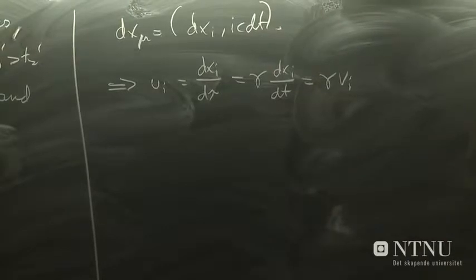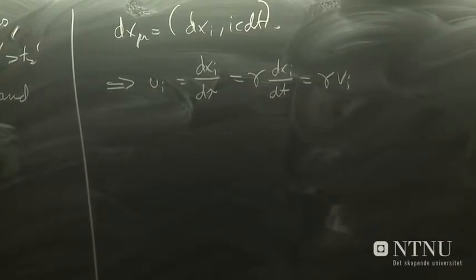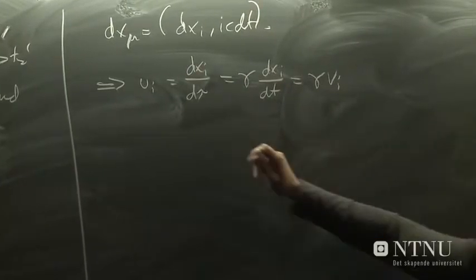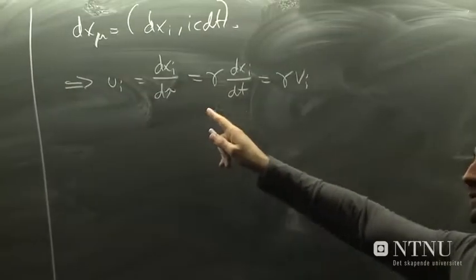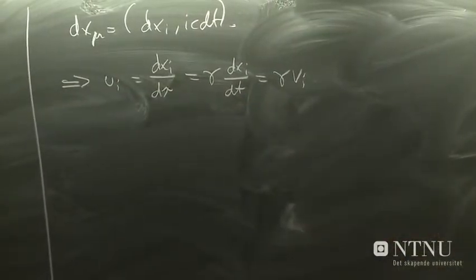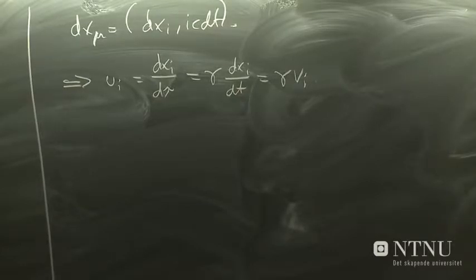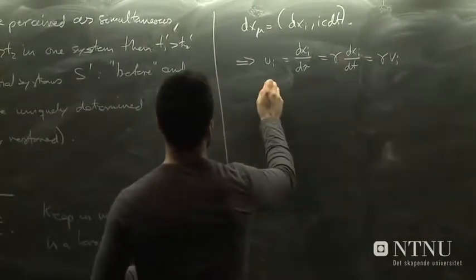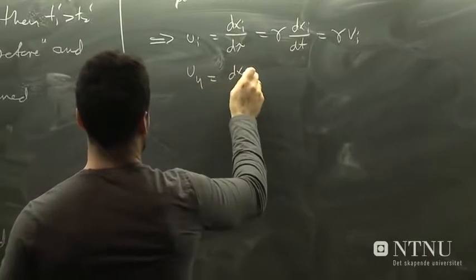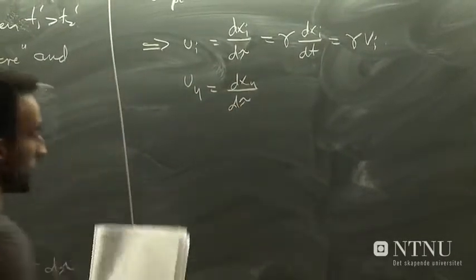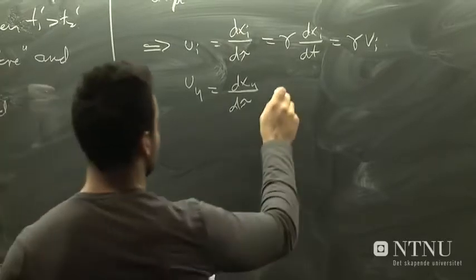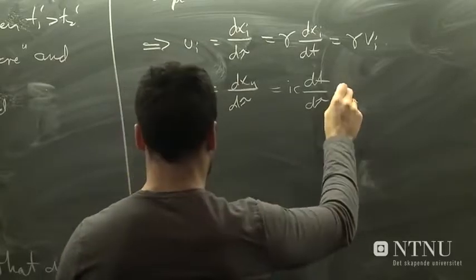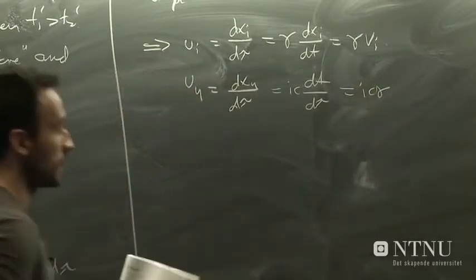So for the first three components of the four velocity vector, we have the following relation, where I have now used how the eigentime is related to the time measured by a moving observer, and they're proportional by this gamma factor. So that leaves us with the fourth component, namely this.